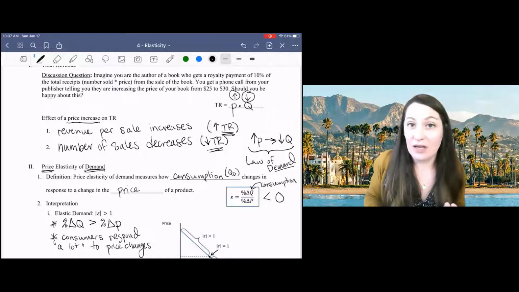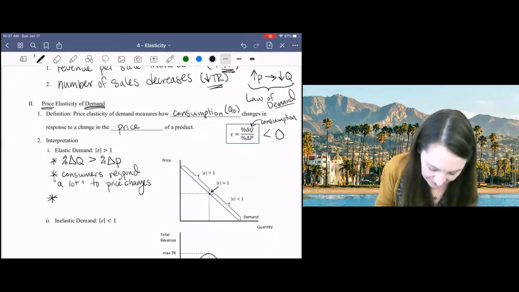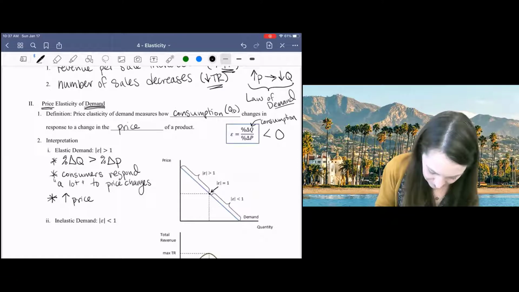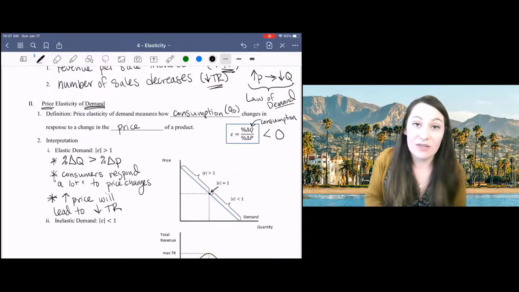So we'll be able to conclude that that will result in a decrease in total revenue. So when we have elastic demand, increases in price will lead to decreases in total revenue, and vice versa.